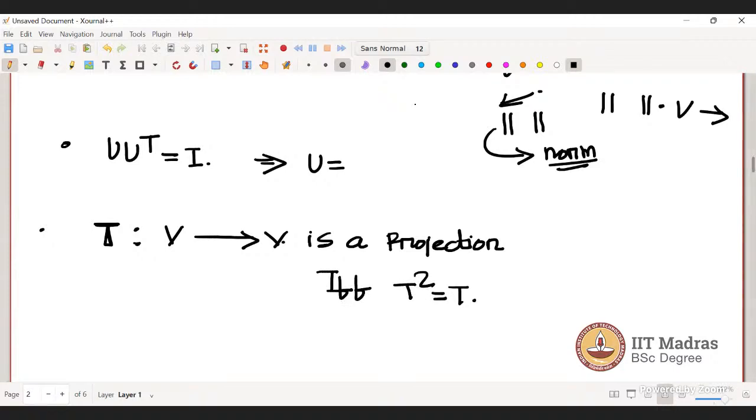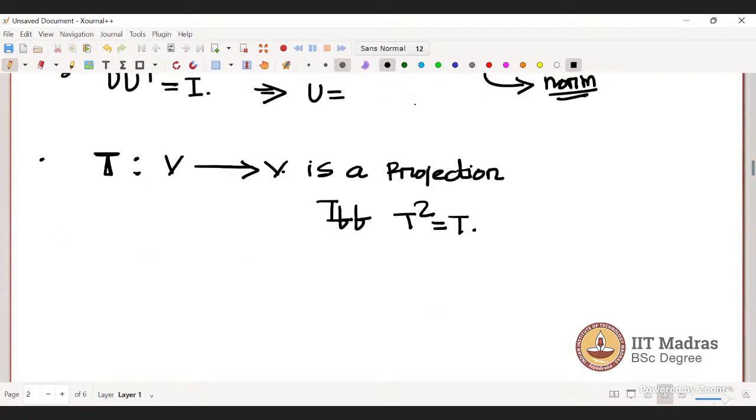If I can show that this map, P of W1, is given, it is a map from V to W1. Since W1 is a subspace of V, you can even think of it as a map from V to V also.